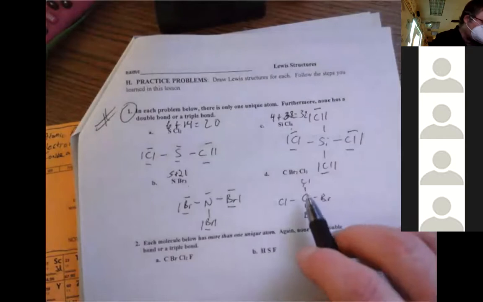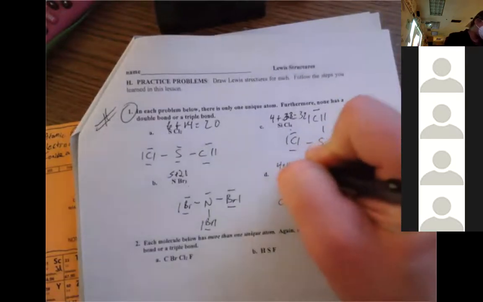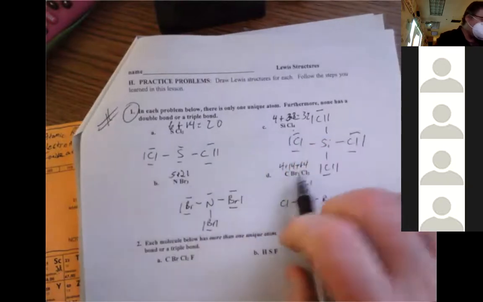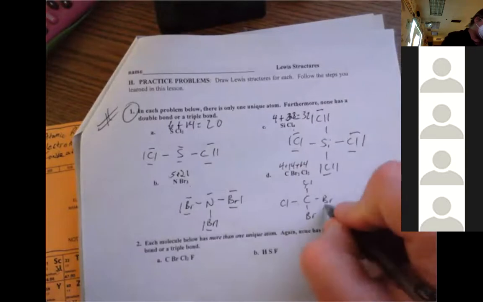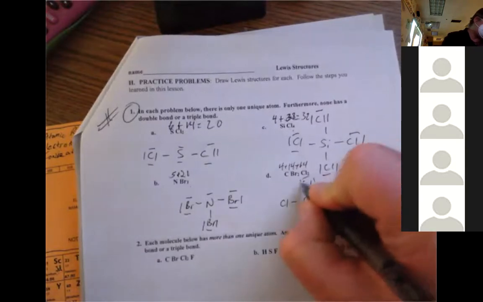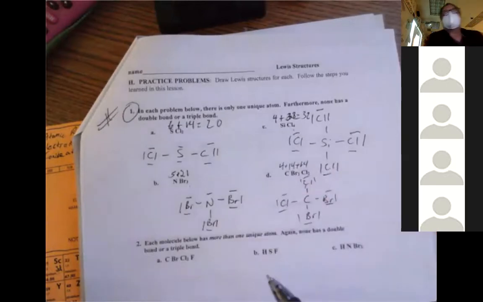So if we take a look, actually I need to count them up first. 4 plus 14 plus 14, that's 28, plus 4 is 32. 2, 4, 6, 8, 10, 12, 14, 16, 18, 20, 22, 24, 26, 28, 30, 32. So there are those 4.